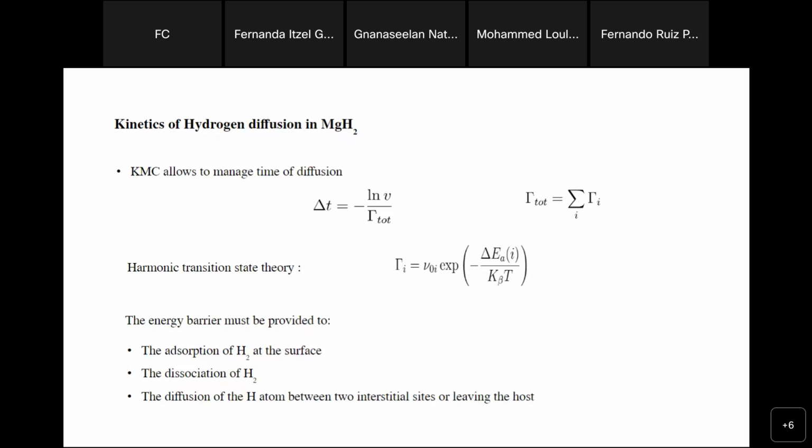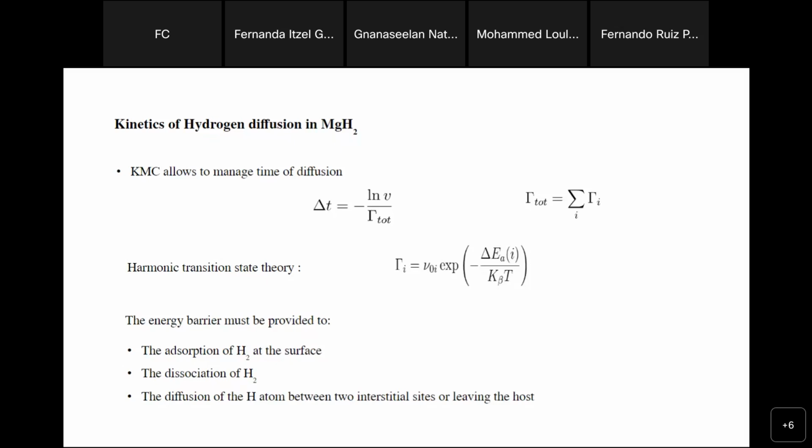The gamma total is the sum of all hopping frequencies, and such frequencies may be given within the harmonic transition state theory, and they are given by the following formula, where delta E_A is the activation energy, a barrier energy, T is the temperature, k_B is the Boltzmann constant, and nu_0,i is the frequency prefactor.